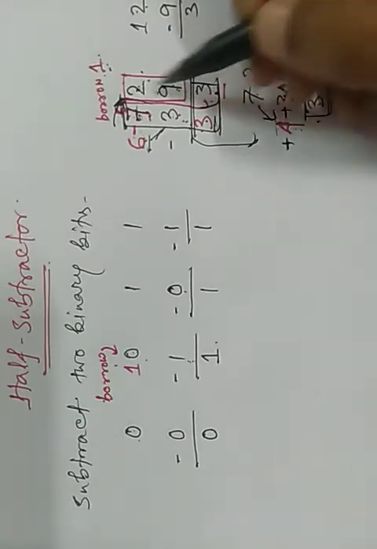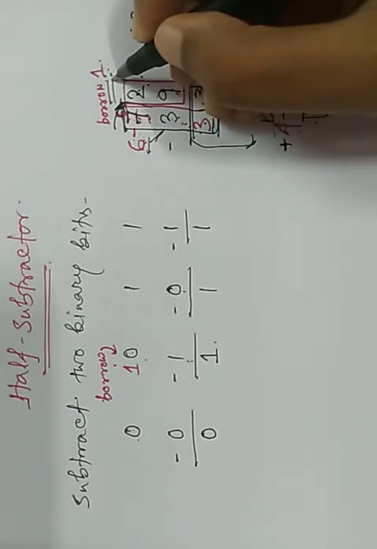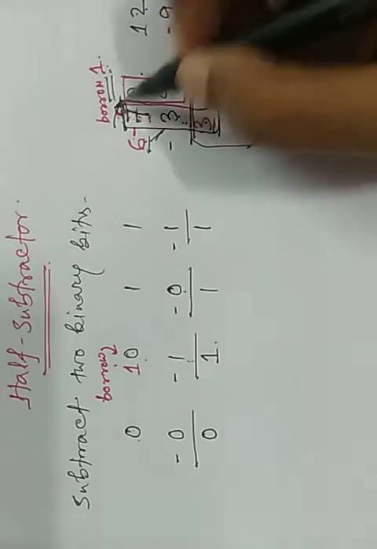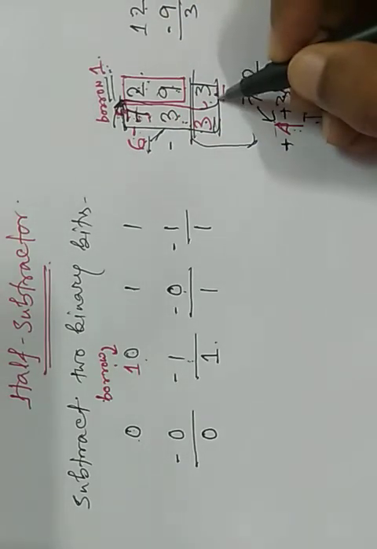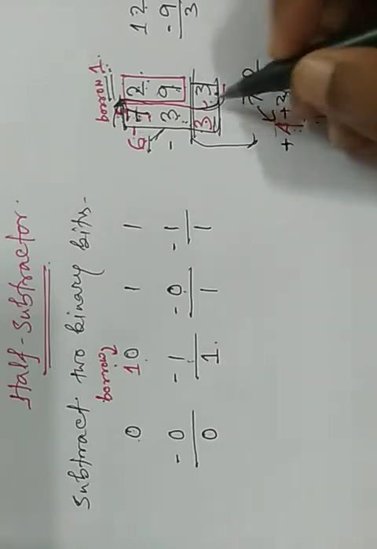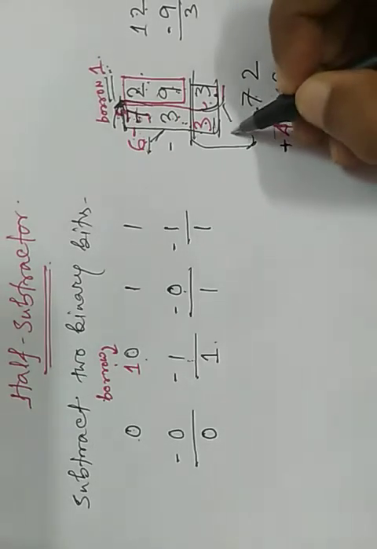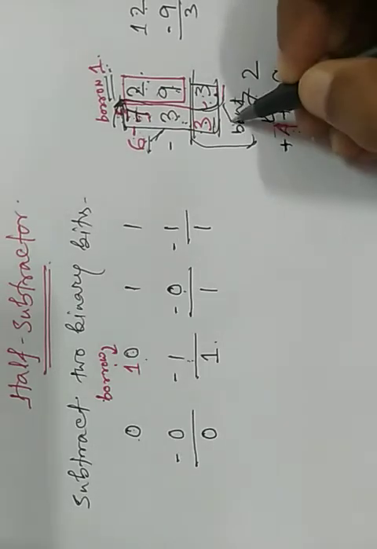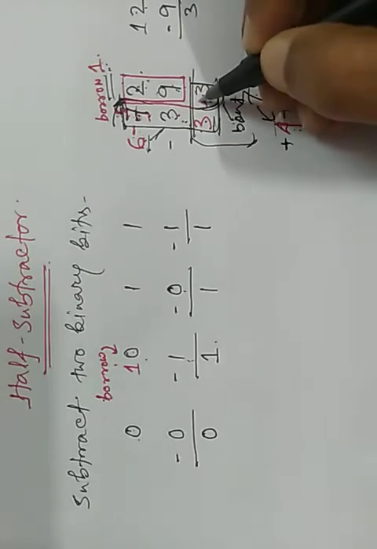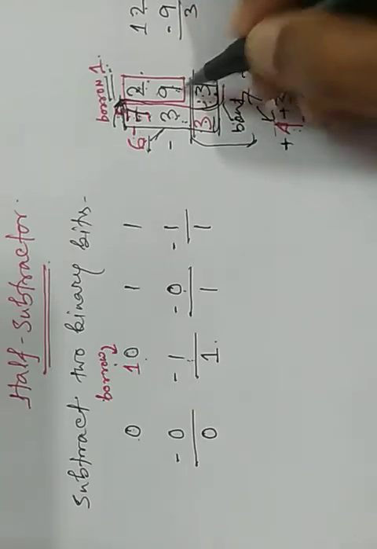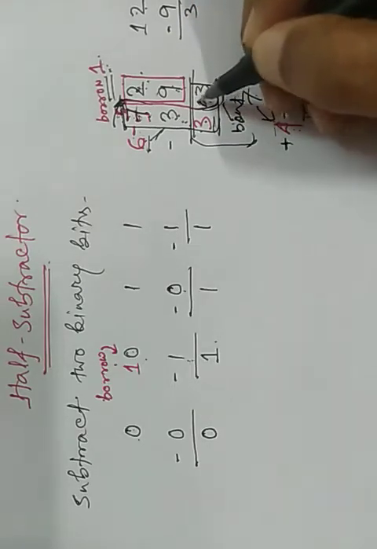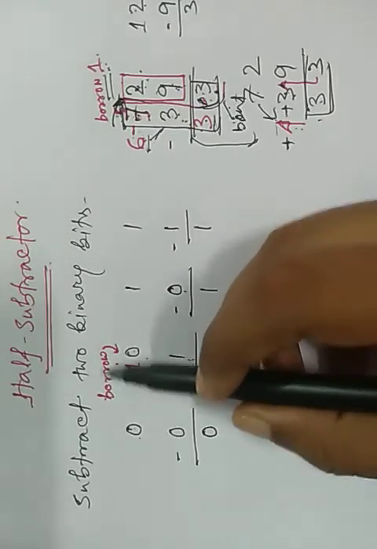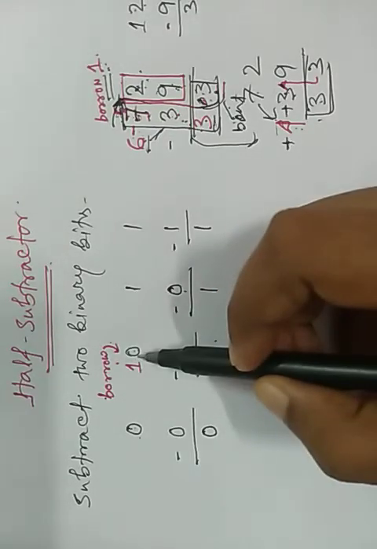So after subtraction, this borrow which we take from its previous number will again go as a borrow out. Here also we take one borrow from its previous stage.